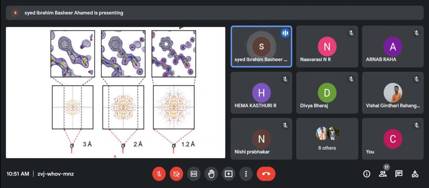But when you go to still lower resolution, 4 angstrom or 5 angstrom, then there is no use. Maybe 4 or 5 angstrom may be useful for electron microscopy, something like that. So that is the basic difference between electron microscopy and X-ray diffraction.